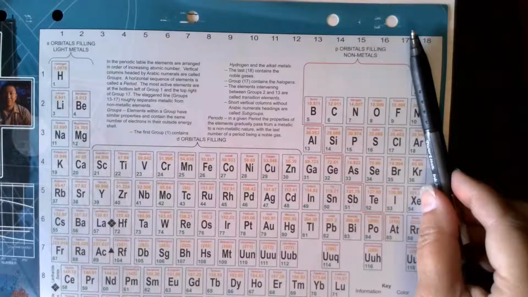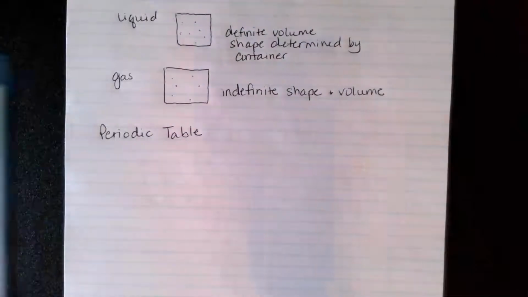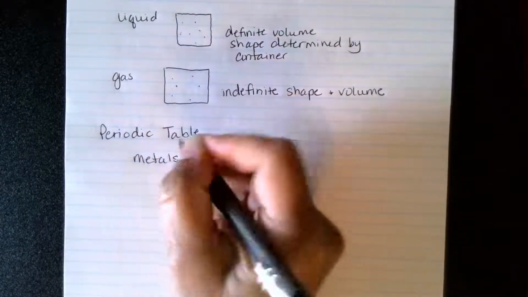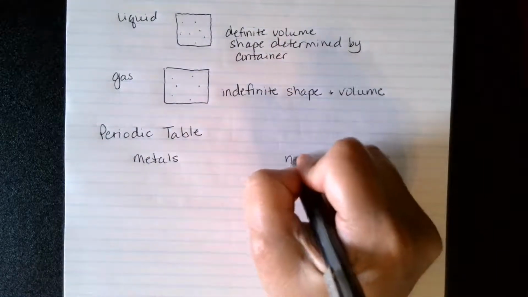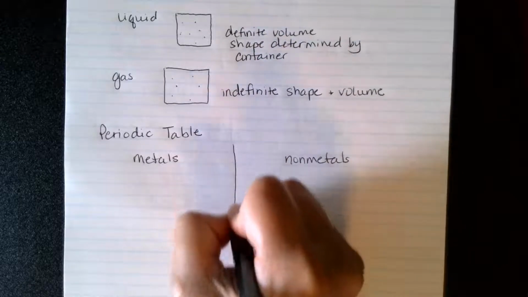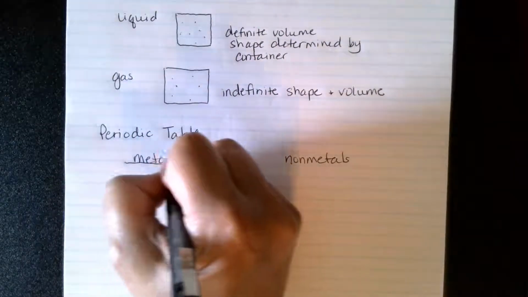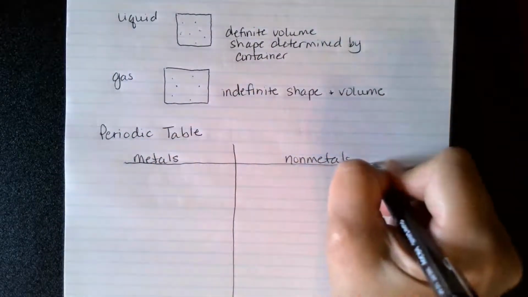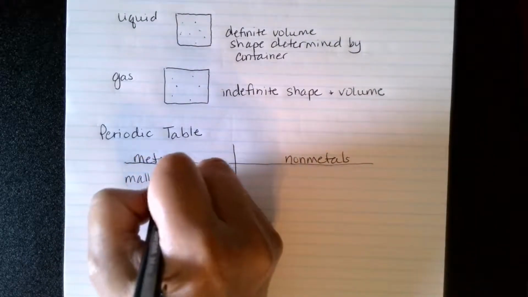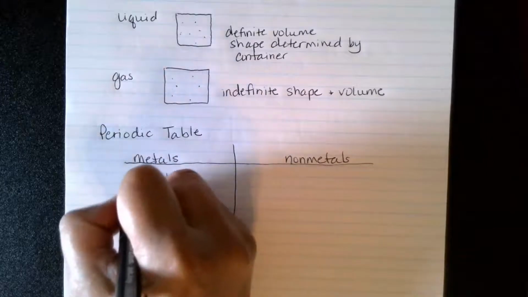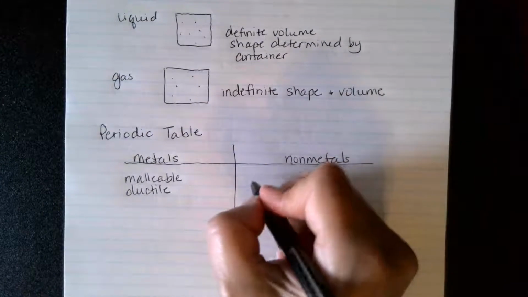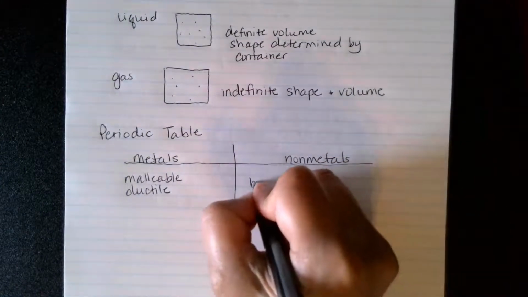And when we talk about the properties of metals, and I'll put non-metals over here. Metals can be shaped. So we can pound them into flat sheets, which means they're malleable, and we can draw them into thin wires, so they're ductile. But both of those mean they can be shaped. Non-metals, on the other hand, are brittle.